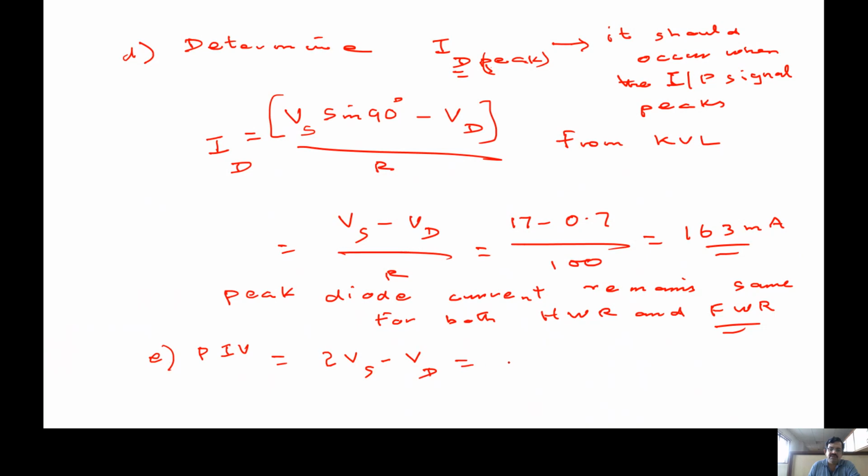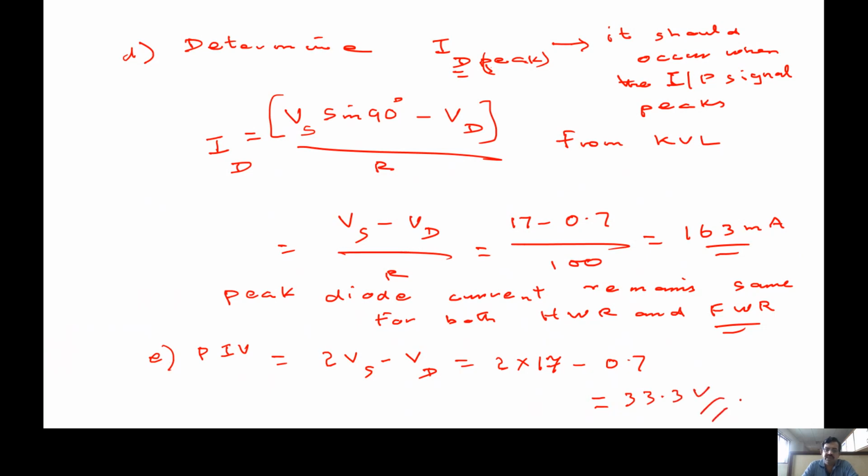So that will be equivalent to 2 times 17 minus 0.7, which is equivalent to 33.3 volts, quite high.